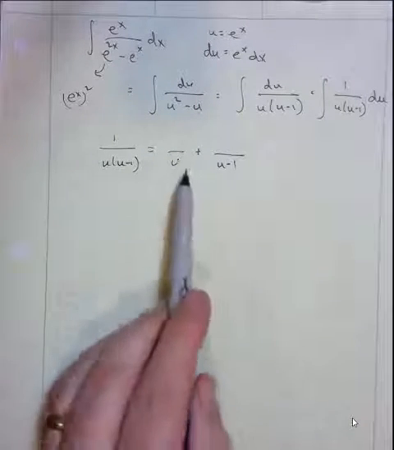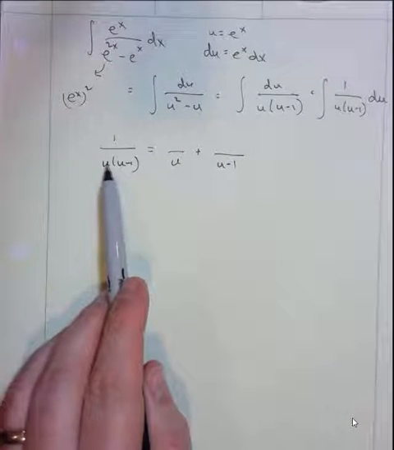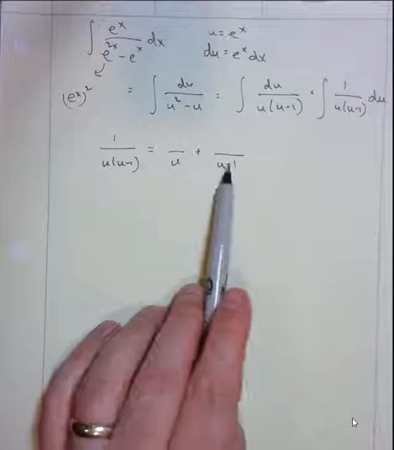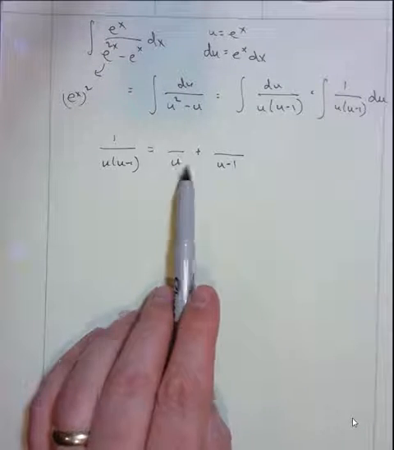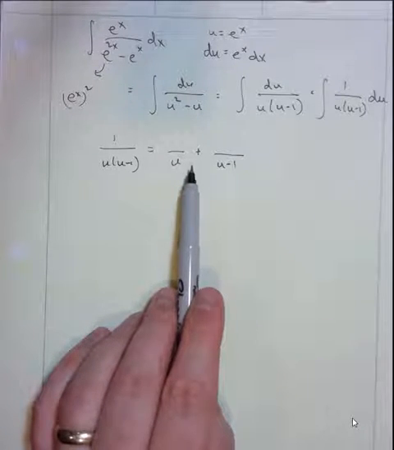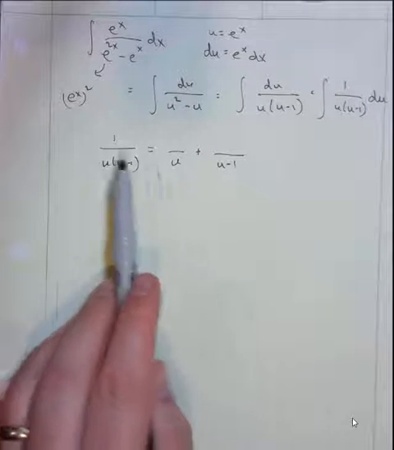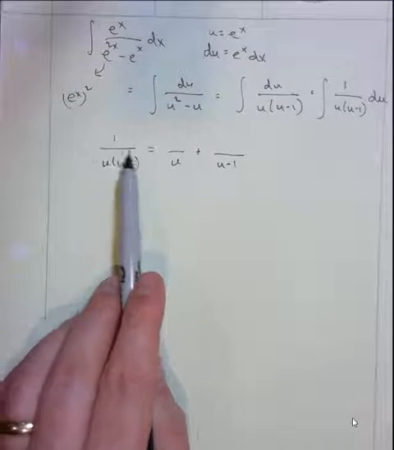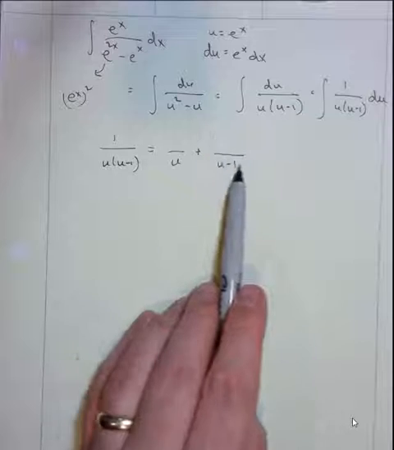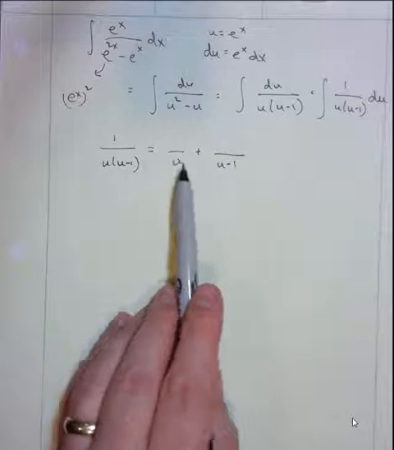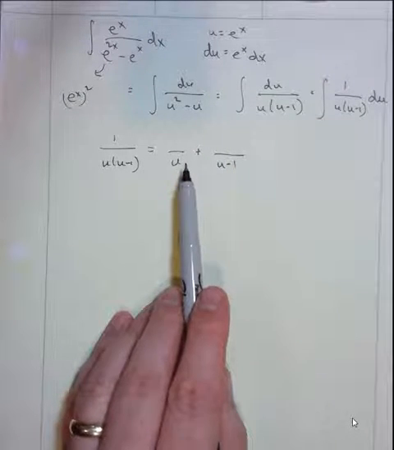So can you imagine that this denominator right here was created by finding a common denominator between a couple of separated terms like this? And if we wanted the antiderivative of this, well, we don't know how to do it, but if we then exchange that for the antiderivative of this, now we're just looking at a couple of natural log terms.